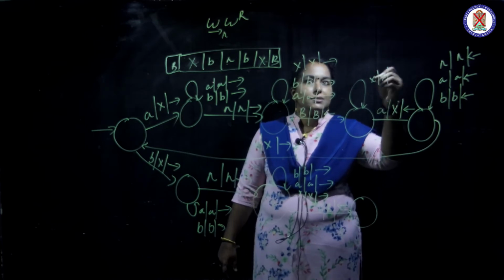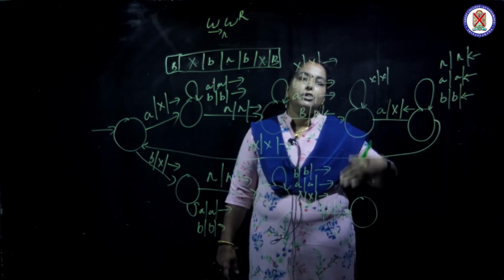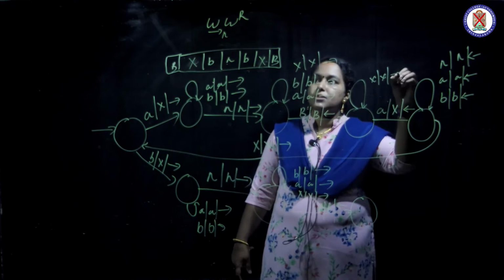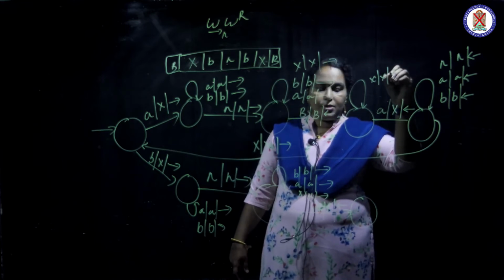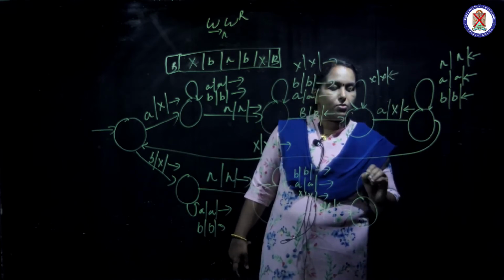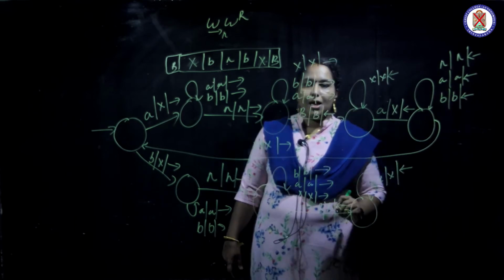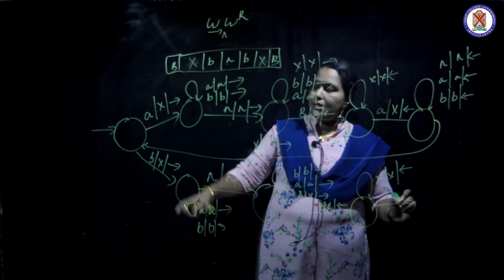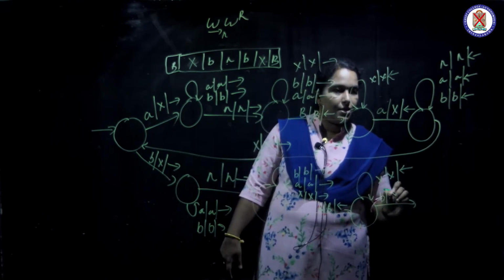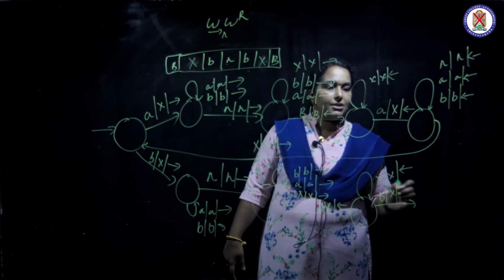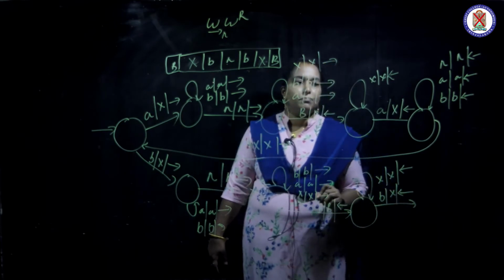Whenever you see a new symbol, do the updations on both sides also. So I move backward. So x comes, I make it as x and move backward. And when I see b here at the start, I must see b here. So b, I make it as x and move backward.